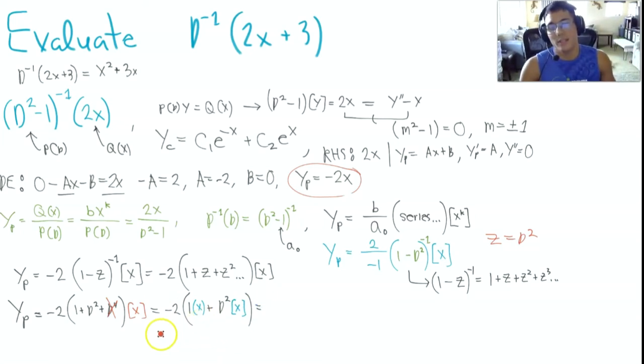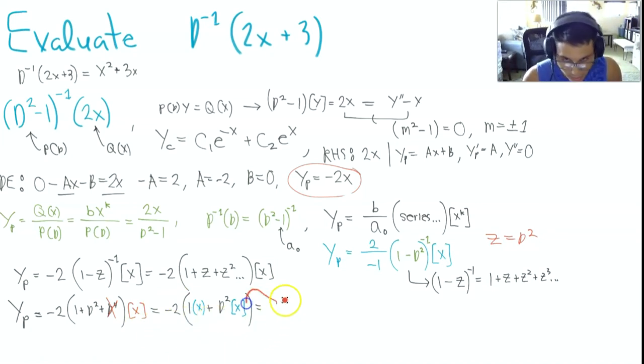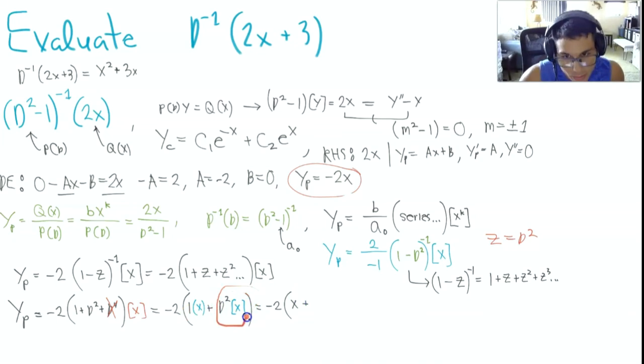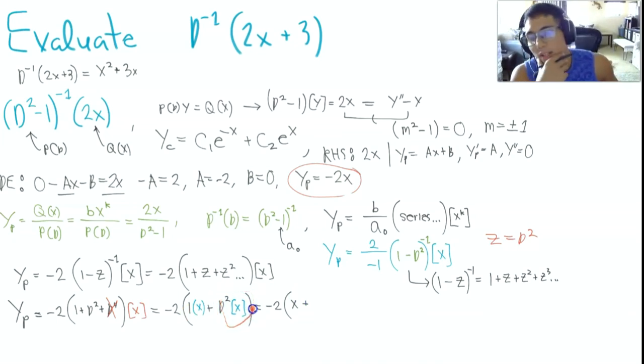So all we've done really so far, again, is just rewriting things, and now we're actually doing math. We're truly doing math now. Okay, so this means 1. There's no derivative here. It's just 1, okay? So this is just going to become x. Okay, now right here, this is important to understand. This is asking us, what is the second derivative of this?